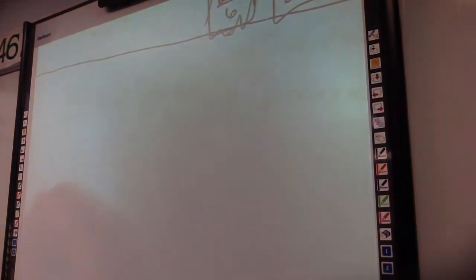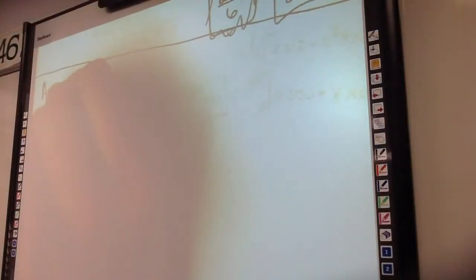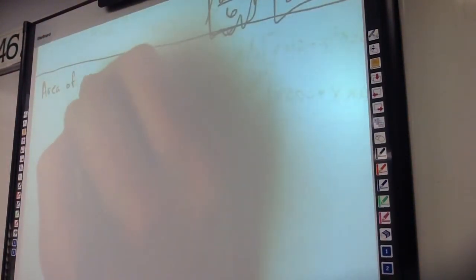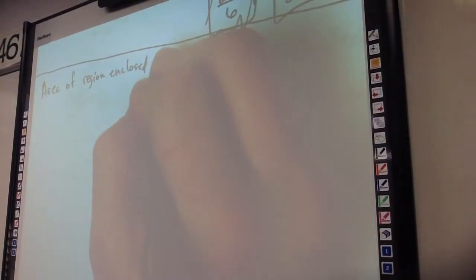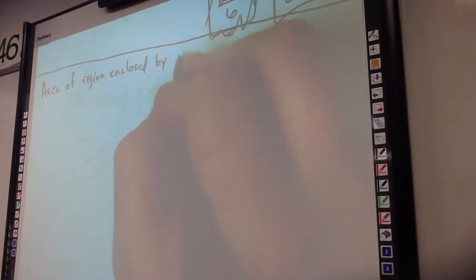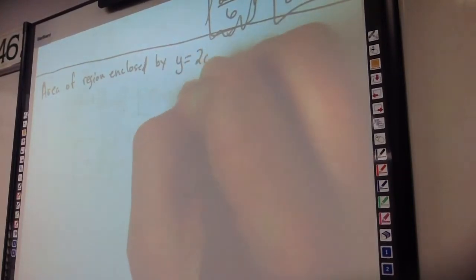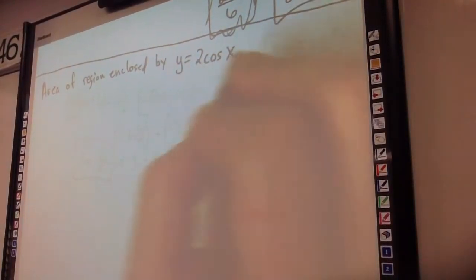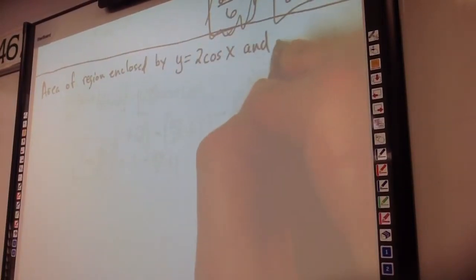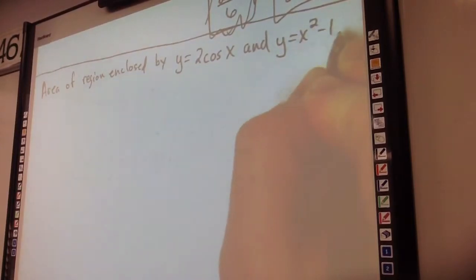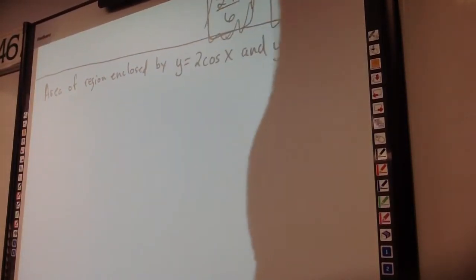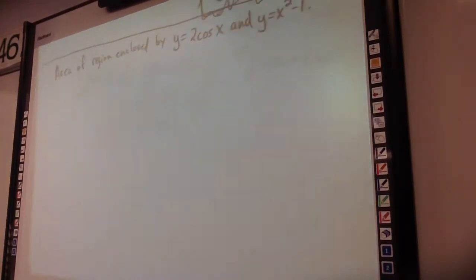Find the area of the region enclosed by y equals 2 cos of x and y equals x squared minus 1. This is a calculator problem. I'm going to walk you through this.